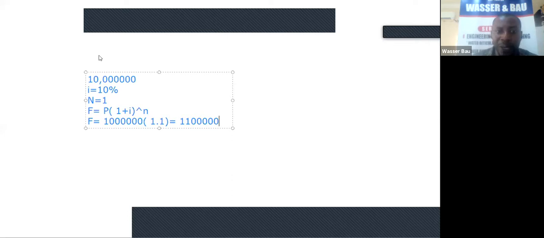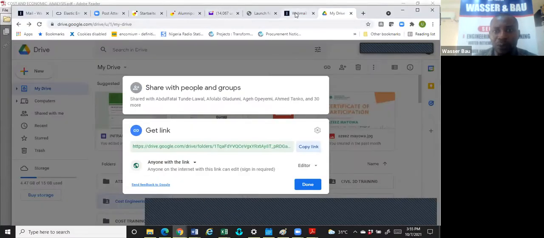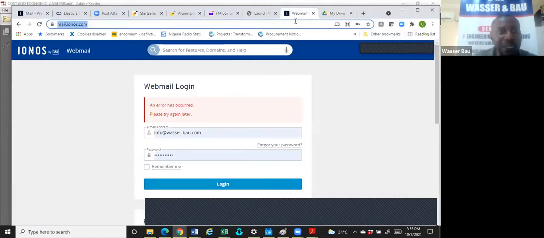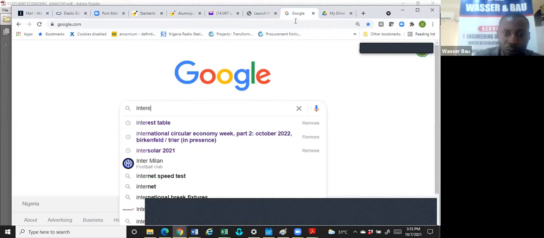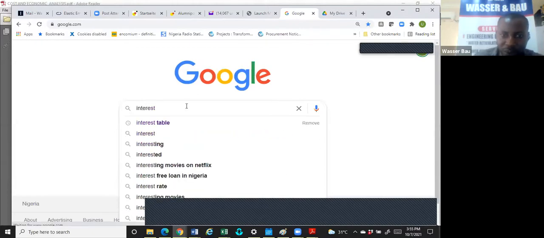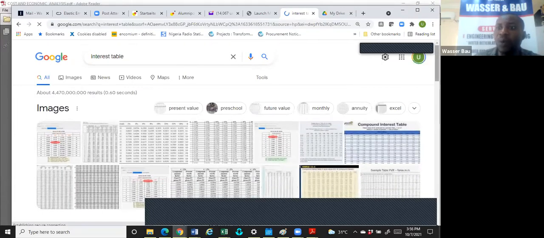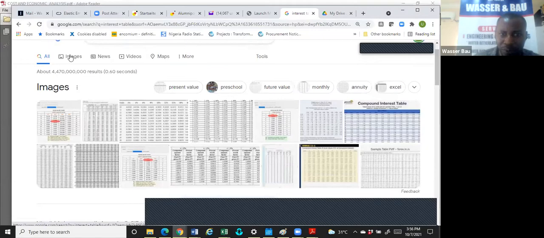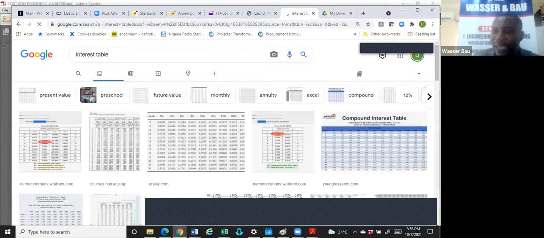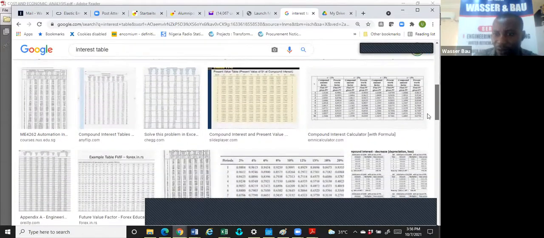What I tell engineers is that anytime you're doing your design, you should have Google around you. Anything you need, you can Google it. For instance, if you Google interest table, look, it has come up. If I go to images, it's just like the 4-figure table that we have in the university.